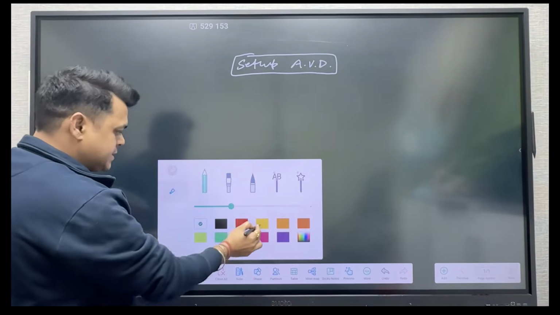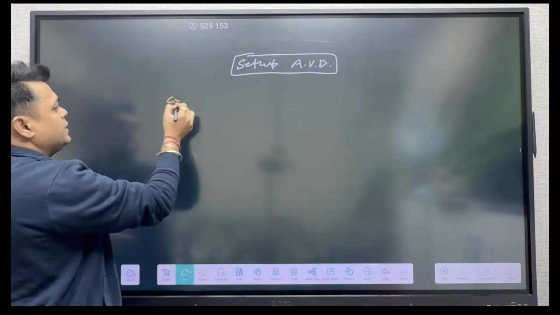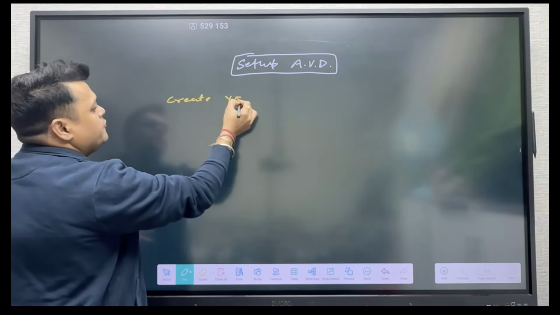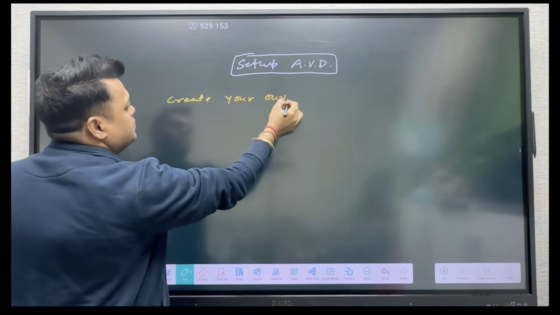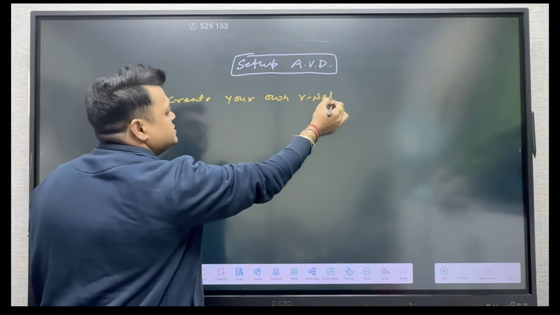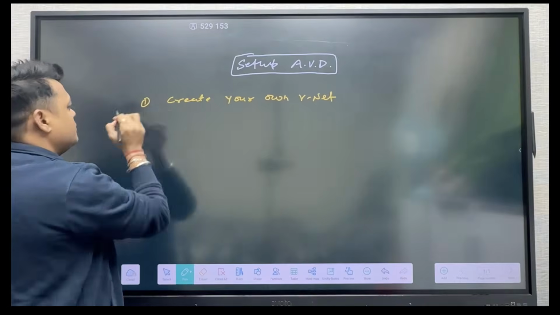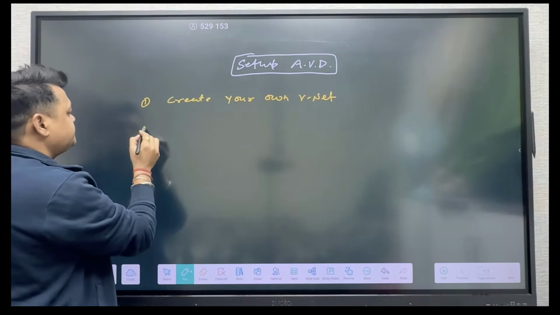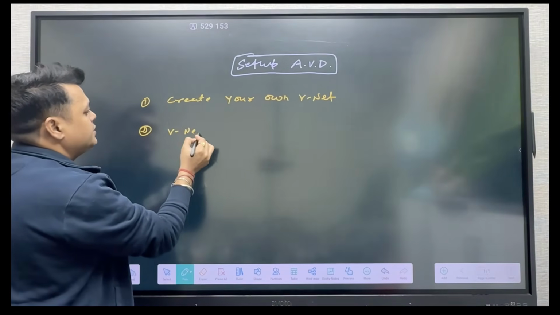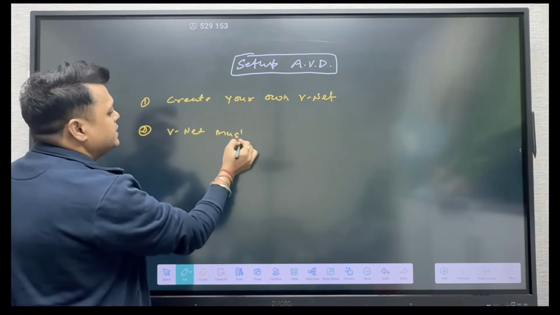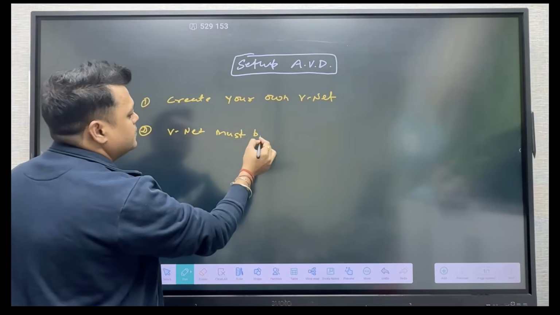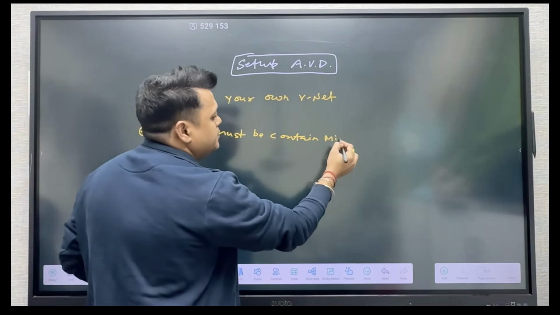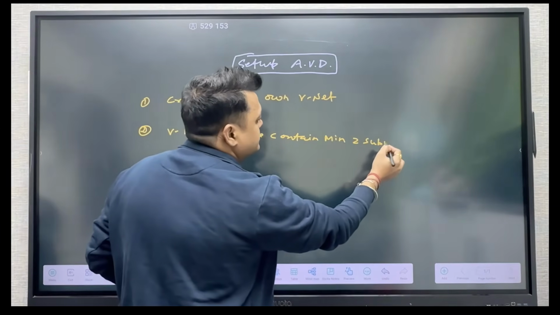your own VNet. Yes, this is important. The very first step, you must establish your own virtual network over the portal. Number two, the VNet must contain a minimum of 2 subnets.